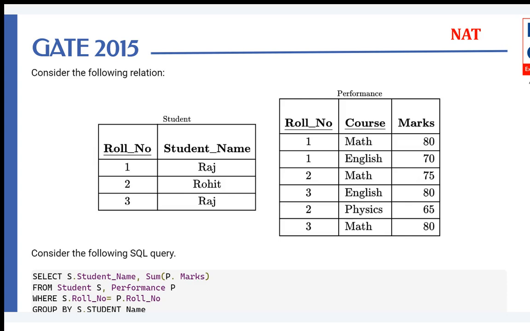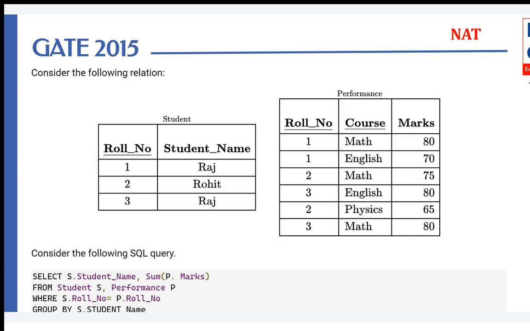So when you group by, which are the tuples that are returned? Student names. Which are the groups? Jigya. One is Raj, another is Rohit. I can't see any other. Is there any other student, Jigya, that you see?